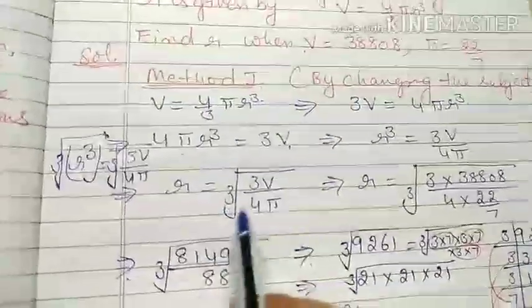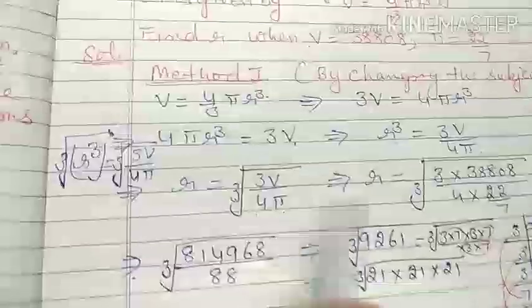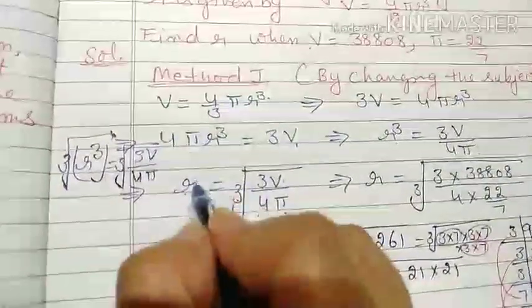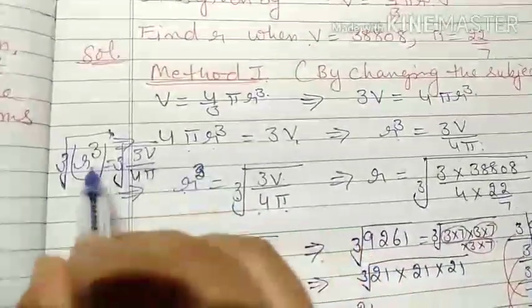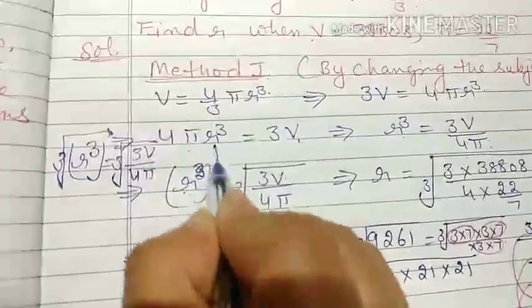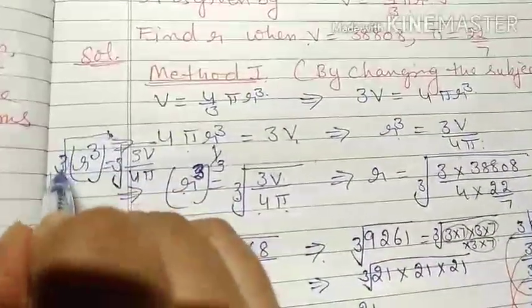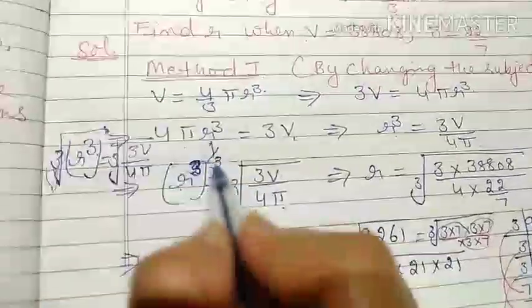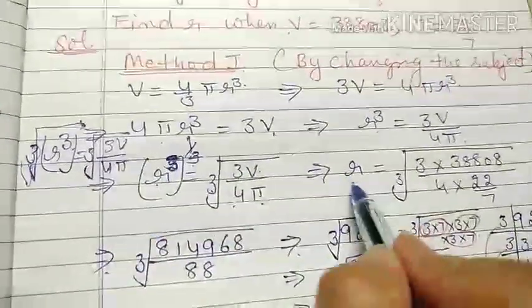I already told you the meaning of cube root: it means raised to power 1 by 3. So r cube to the power 1 by 3, the 3 is cancelled, and only r is left.